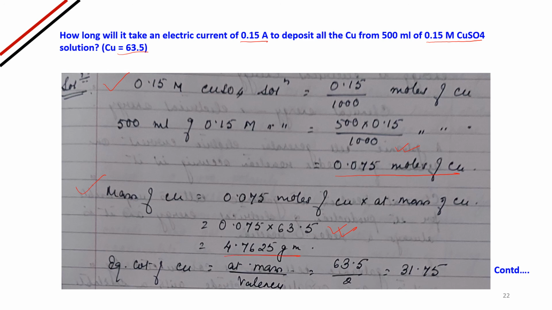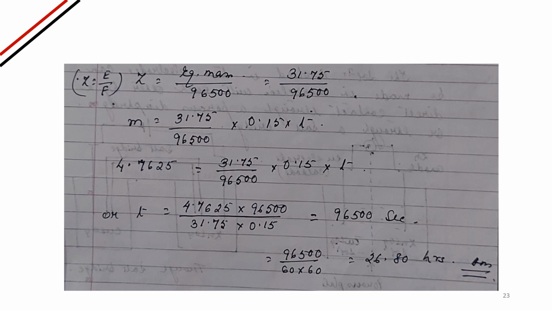The equivalent weight of copper is equal to atomic mass by valency, that is 63.5 by 2, so we are getting 31.75. Now from there we can calculate the value of Z. Z is equal to equivalent mass by 96500, that is 31.75 by 96500.